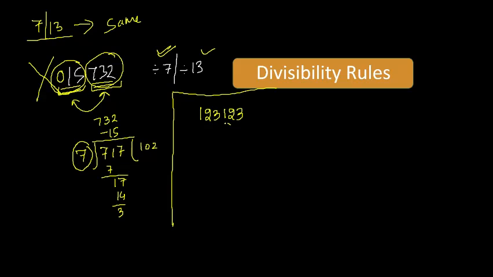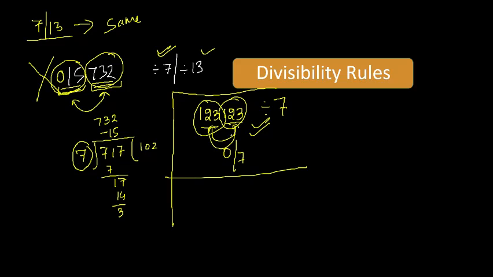Yes. If you make the 3, 3 pair, the difference is 0. If your difference is 0, then it is divisible by 7. By chance these are the same, so the difference is 0. So yes, it is divisible by 7.